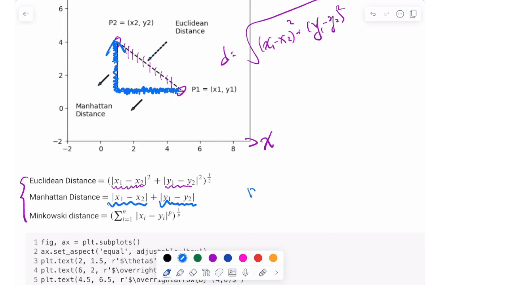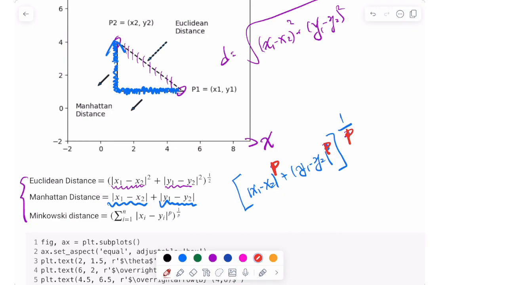You can write it as |x1 minus x2| to the power of 1 plus |y1 minus y2| to the power of 1. If you change the 1 to 2, it becomes the Euclidean distance. So we can put a p here, and that is the definition of Minkowski distance. You can use any number to replace p.